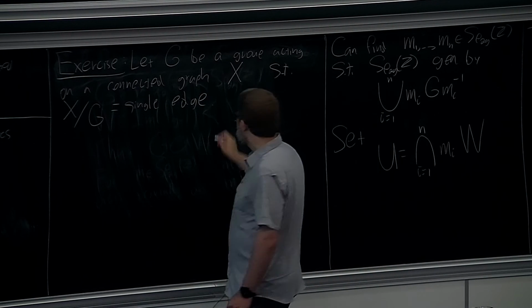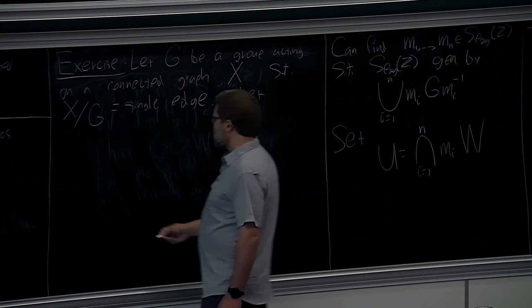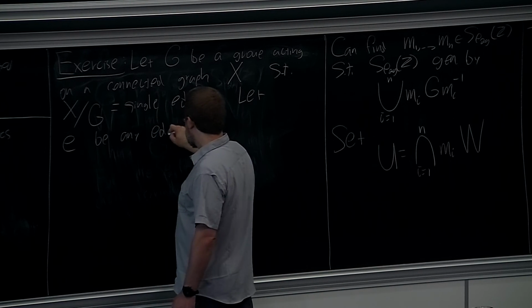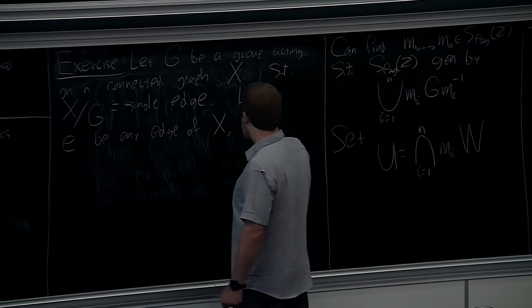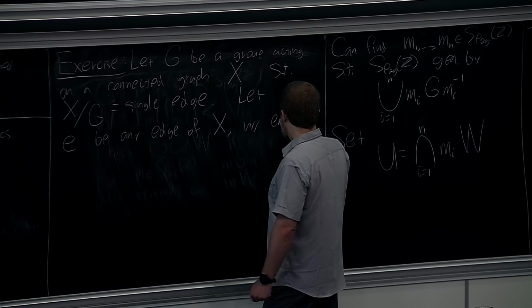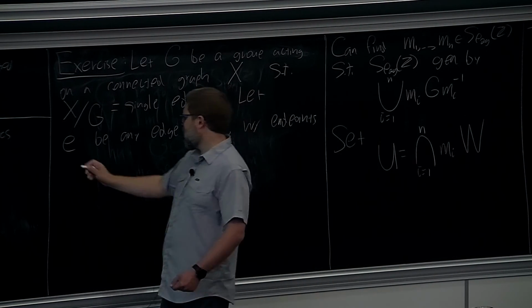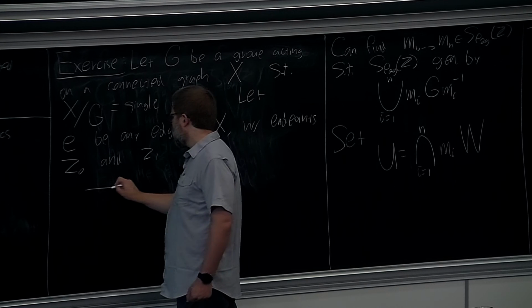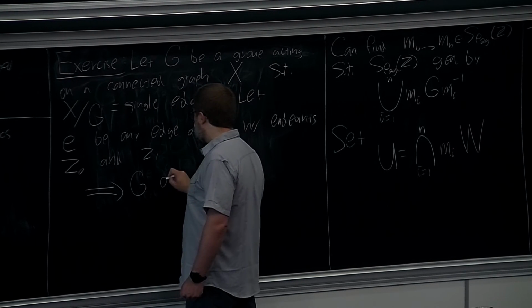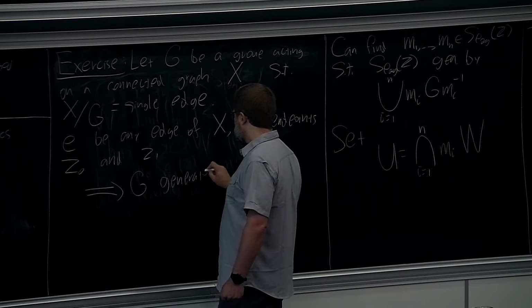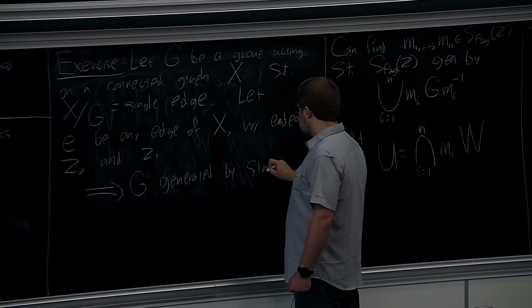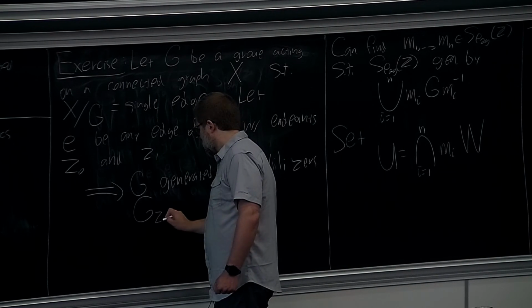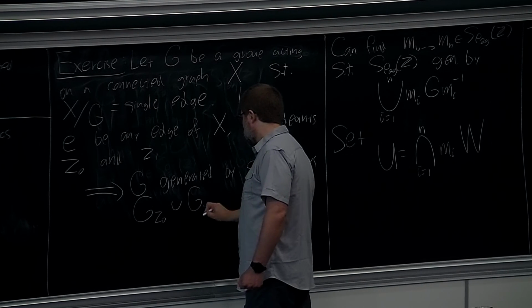So then, let E be any edge of X with endpoints, we'll call them Z0 and Z1. So the conclusion then is that G is generated by the stabilizers, G sub Z0 union G sub Z1.